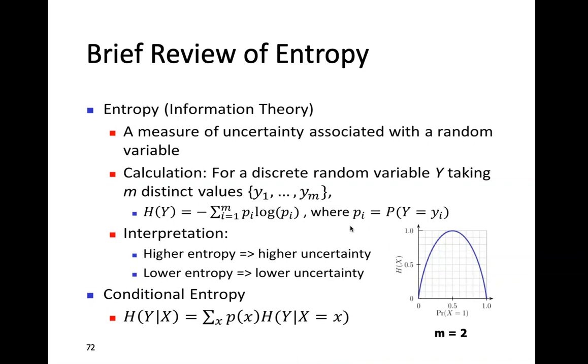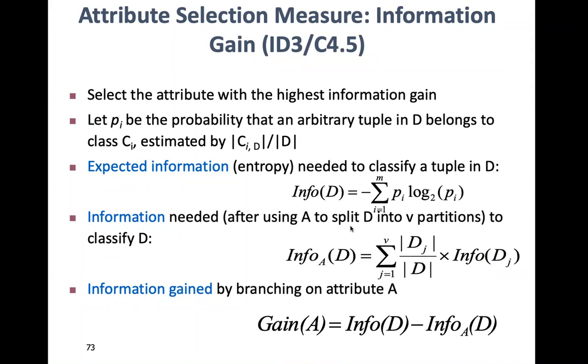So highest information gain, and these things depend on computing the entropy of the set of values, and from that we try to maximize the gain, and that is the idea behind these ID3 and C4.5 approaches.